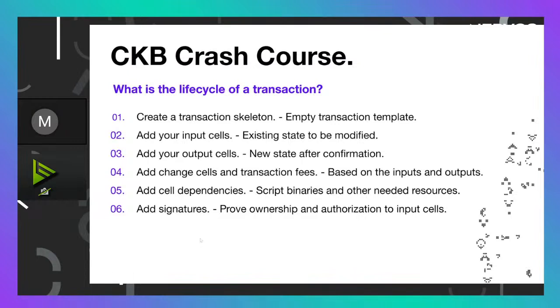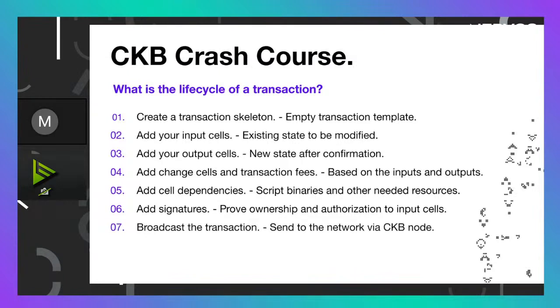Maybe it's not a signature. Maybe it's allowed to be run by anybody, just depending on conditions. These types of things are really powerful concepts, which are probably foreign if you're coming from the Ethereum world, but they really allow automation to occur and really allow us to push the boundaries of what you can do with smart contracts.